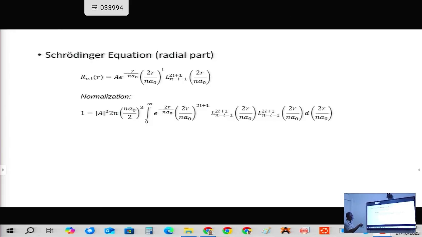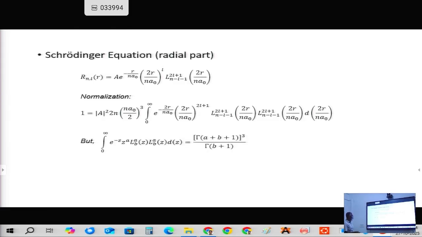I'm taking 2 outside, so it is 0 to infinity; otherwise it's minus infinity to plus infinity. It's an even function, so instead of minus infinity to plus infinity, you can write 2 into 0 to infinity. Then you can equate all the terms with a constant coming outside.